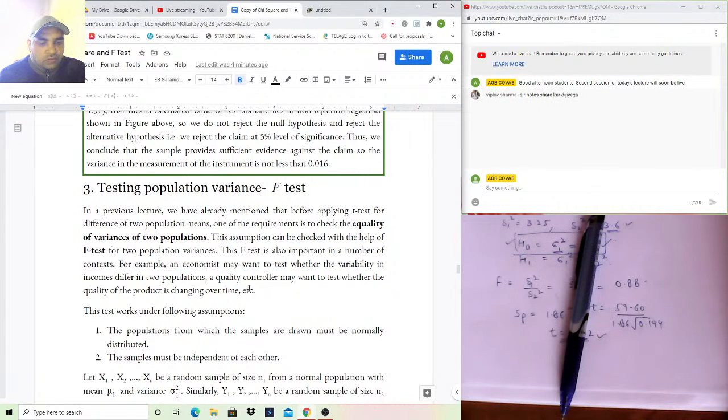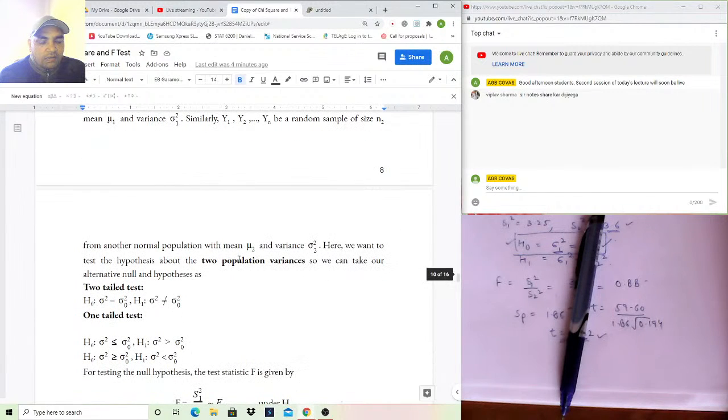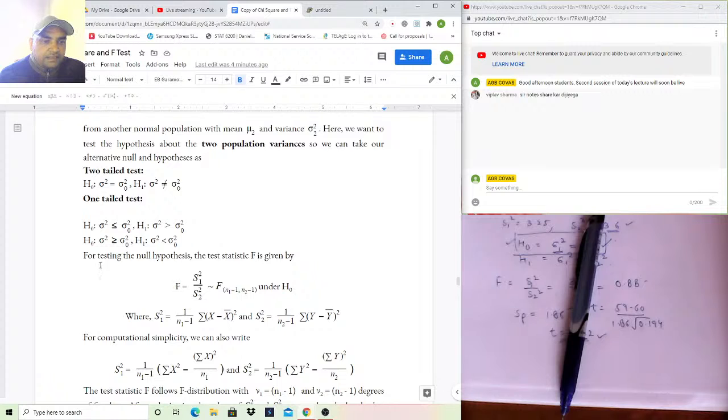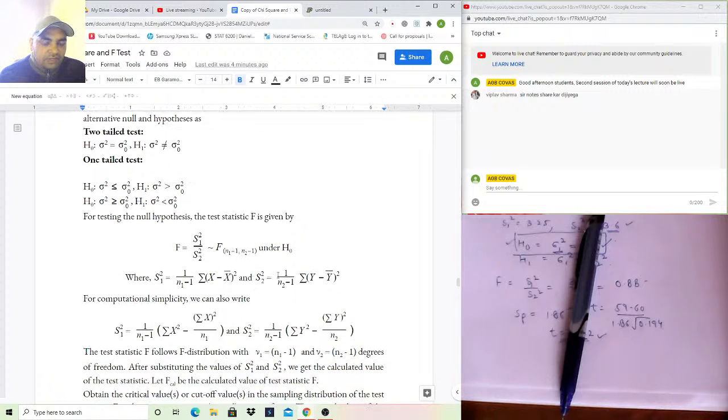So when there are two populations and the variance is not known, and we want to know whether the two population variances are the same or different, you apply the F test. It follows an F distribution.